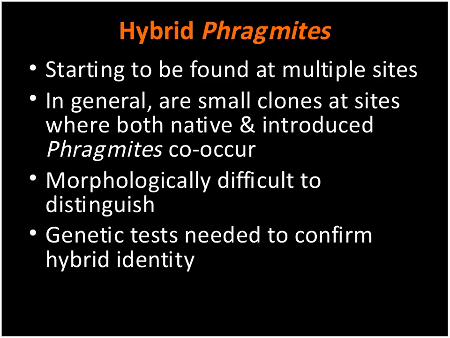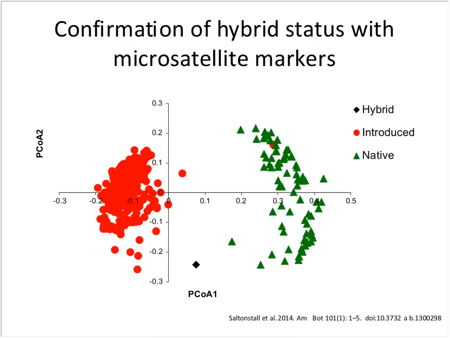In general, we find these hybrids at sites where both native and introduced Phragmites co-occur. They're very small clones at this point, but again, we don't know how quickly they might spread. Morphologically, they're very difficult to distinguish, and you really need genetic tests to confirm identity. The best tests to use for this are microsatellite markers.